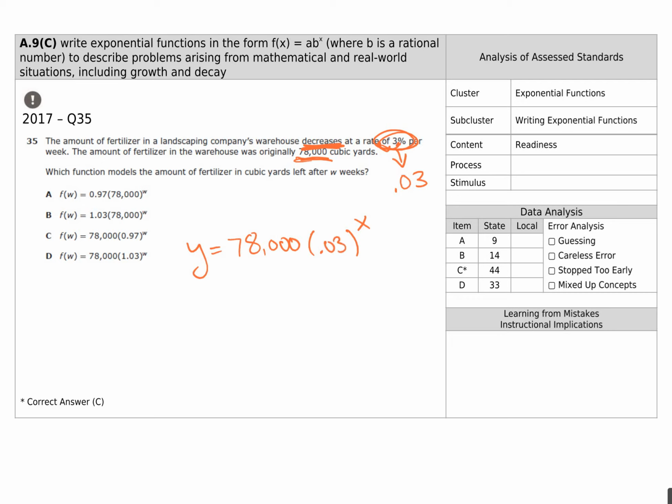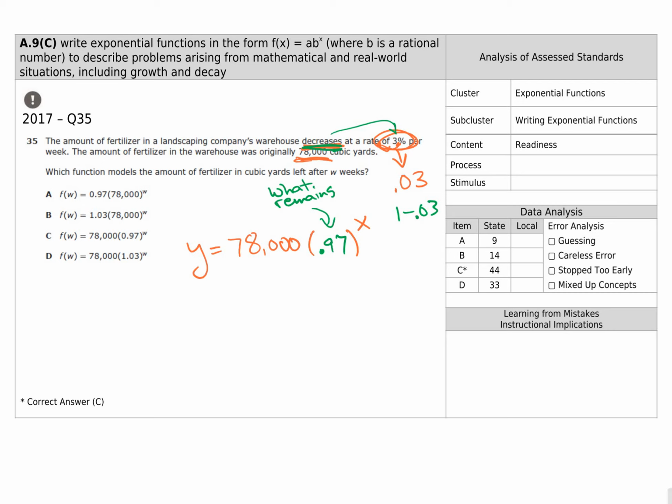It is less than 1, so it would be decay. But what goes inside the parentheses is what remains. The percentage that remains. We are decaying at 3%. 3% is not how much remains each round. So we have to do 1 minus 0.03, or 0.97.